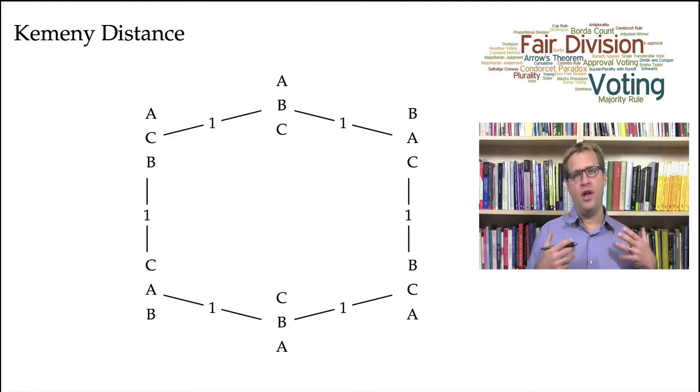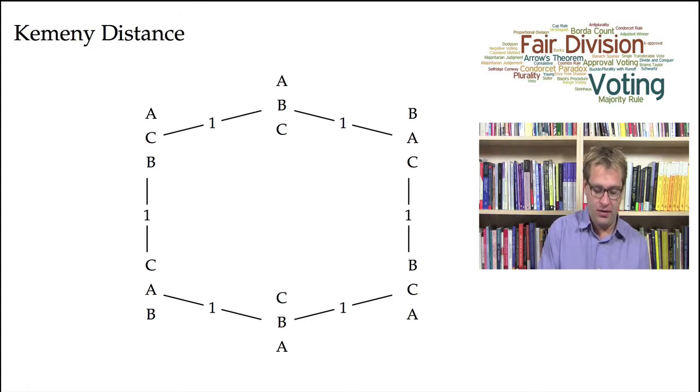Now, here's a useful representation of the Kemeny distance between all rankings over 3 alternatives. You may want to pause the video and double check my calculations here. You can see what I have listed here. There's a Kemeny distance of 1 between this ranking and this ranking.